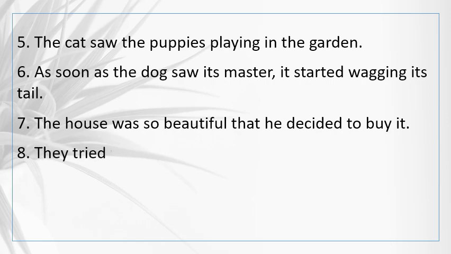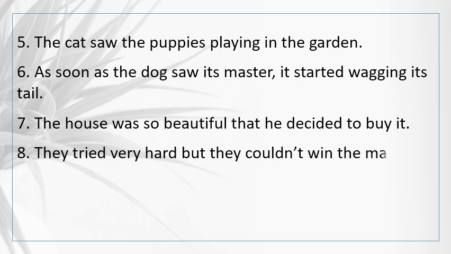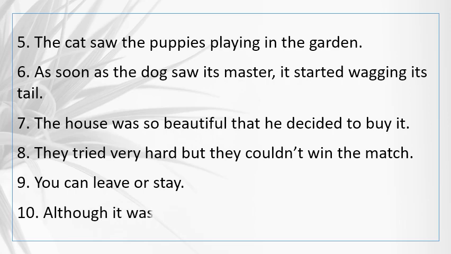Number 8, they tried very hard but they couldn't win the match. Number 9, you can live or stay. Number 10, although it was raining, we went for a walk.